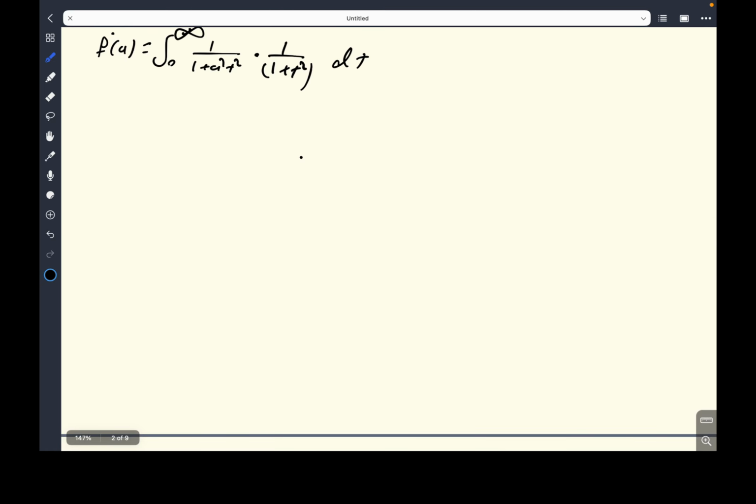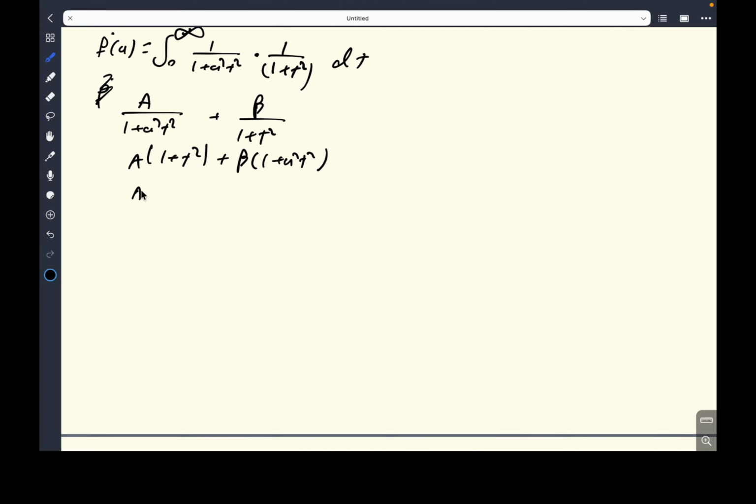Now I'm going to do a fraction decomposition. I'm going to say these two fractions are A over 1 plus a squared t squared plus B divided by 1 plus t squared. And it's going to be A times (1 plus t squared) plus B times (1 plus a squared t squared), which is A plus A t squared plus B plus B a squared t squared.